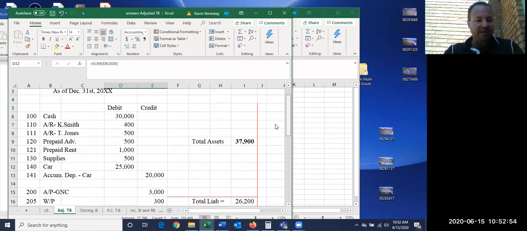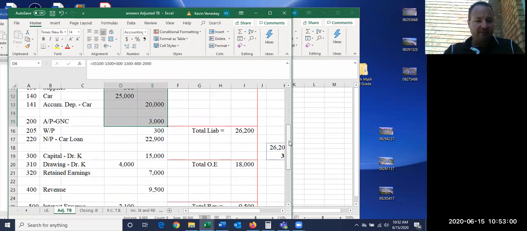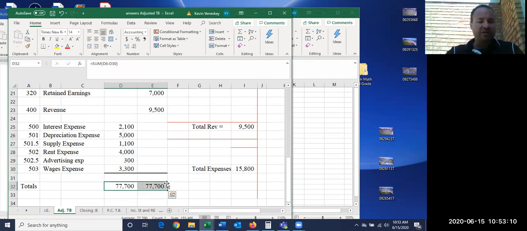So this is the completed trial balance. We just did these up through here. If I would have continued on down through with all of the liabilities, owner's equity, revenue, and then the expenses, this is where you would end. So you may want to jot this down and just see if you get $77,700.